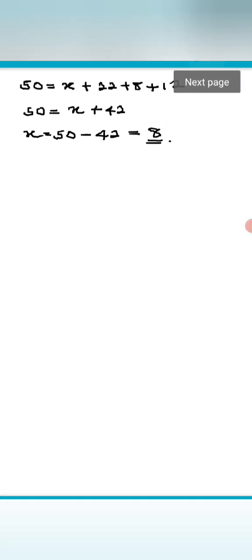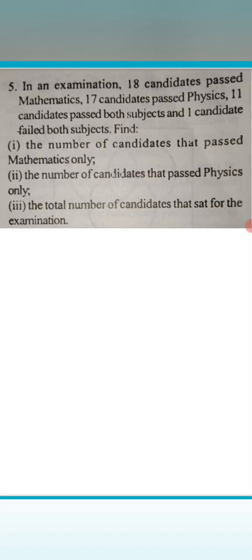So let's see another problem. In this problem, the question says in an examination, 18 candidates pass mathematics. So I'll start by saying the number of candidates that pass mathematics is n of M, which is 18. Then next, 17 candidates passed physics, which means n of P is equal to 17.